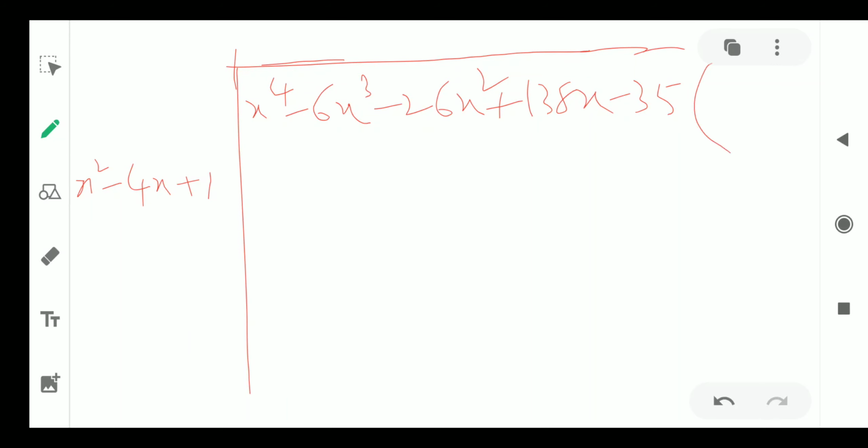The first term: to cancel this x power 4, what should we multiply the divisor by? Write x square. So x square into x square is x power 4, and this is minus 4x cube, and the next term will be plus x square.